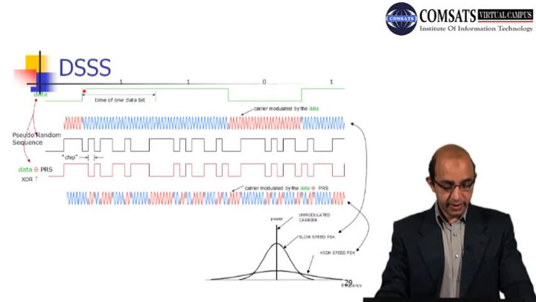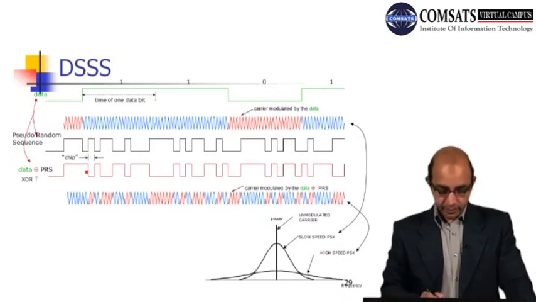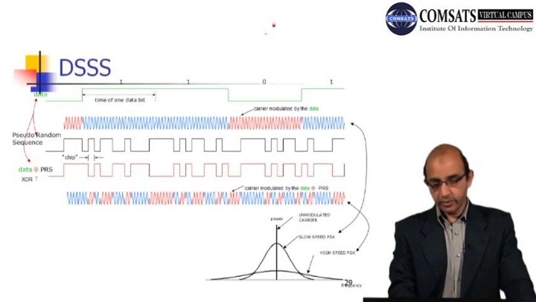Here is the data, 1 1 0 1. Let me write down the truth table for the XOR gate. We know if we have two inputs X and Y for the XOR gate: 0 0, 0 1, 1 0 and 1 1, right?